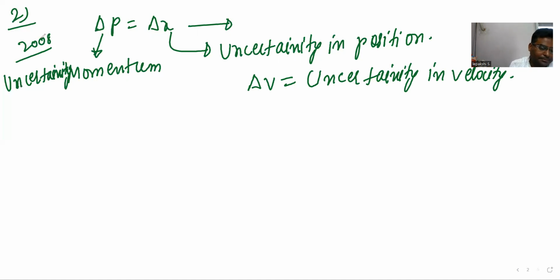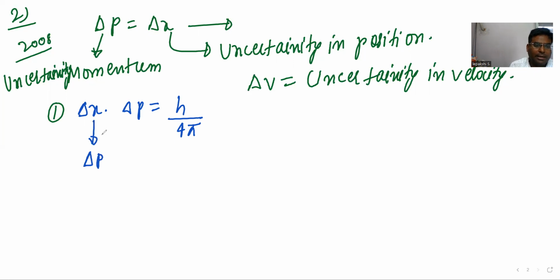So let's see. As we know, the uncertainty formula is delta x into delta p is equal to h upon 4 pi. Here both are equal, so I will write delta p instead of delta x. Delta p into delta p is equal to h upon 4 pi, so delta p whole square is equal to h upon 4 pi.